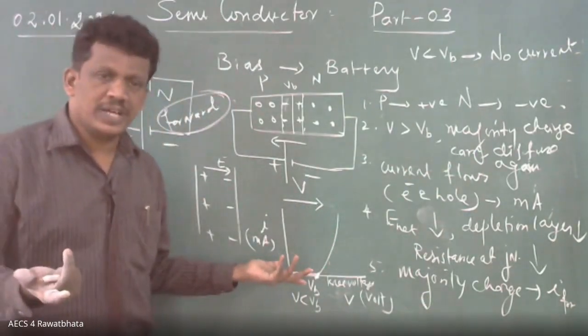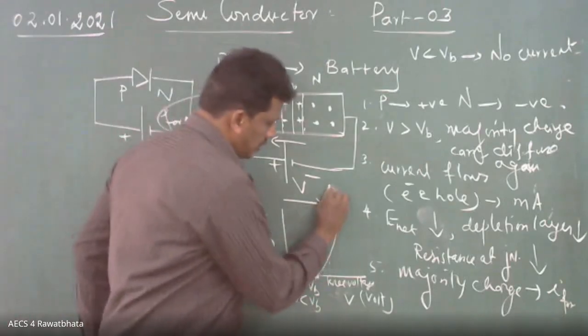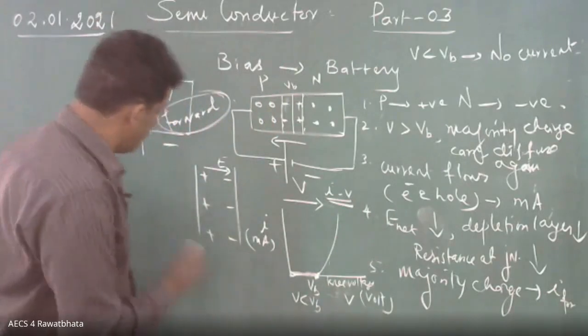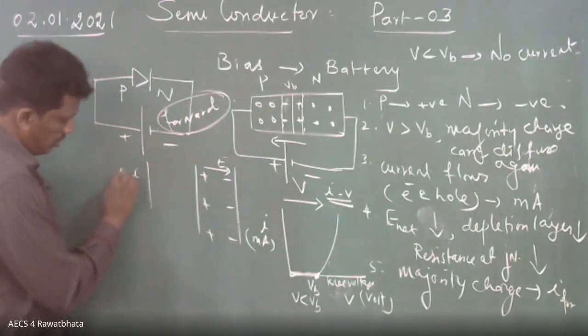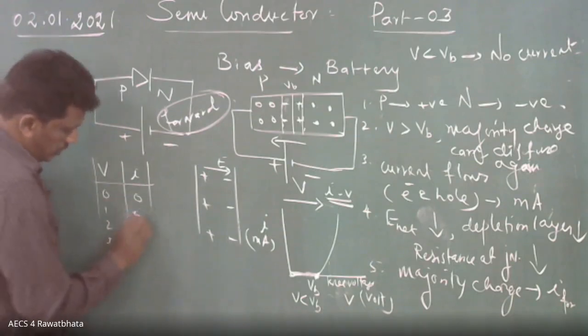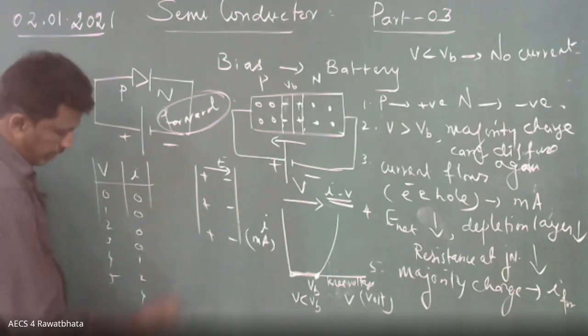This is called the IV characteristics. What you will write: here I, here V, V as 0, 1, 2, 3, 4, 5. Here the current is 0, 0, 0, 0, then at 1, 2, then 4, it will increase.